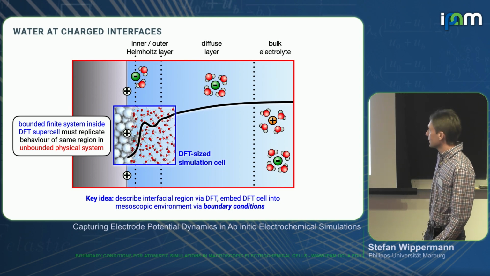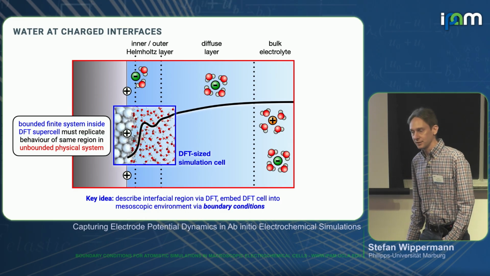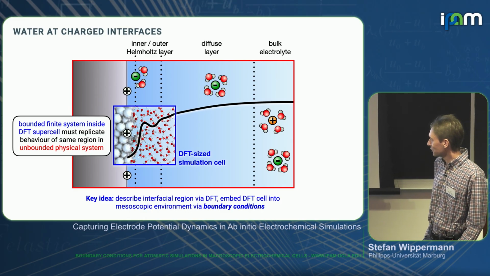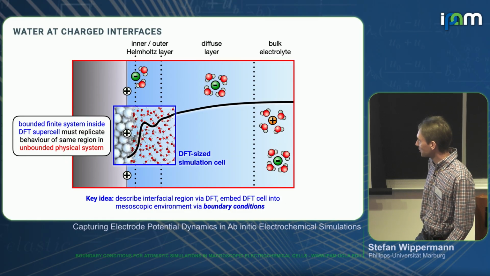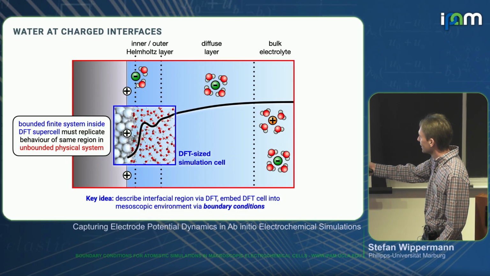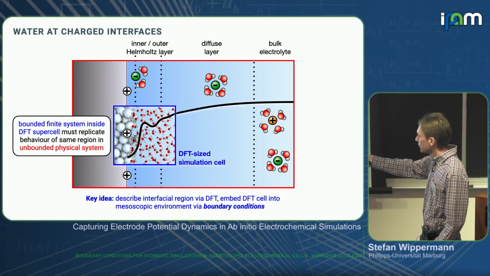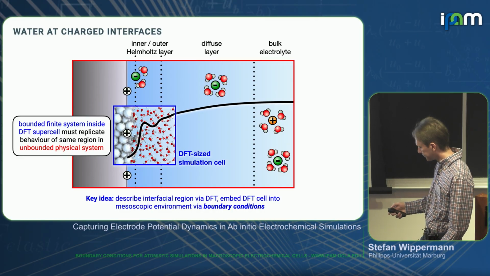Okay, so the way we usually try to do this is via boundary conditions. Jörg has already talked quite a bit about boundary conditions. What we mean by boundary conditions is usually this boundary here. The one on this side is okay. Here and here we have periodic boundary conditions, but here we have a problem because we need to truncate the electric double layer.